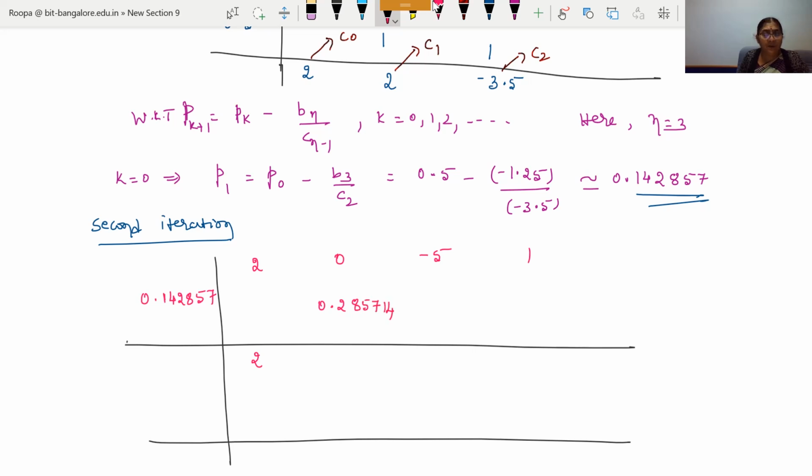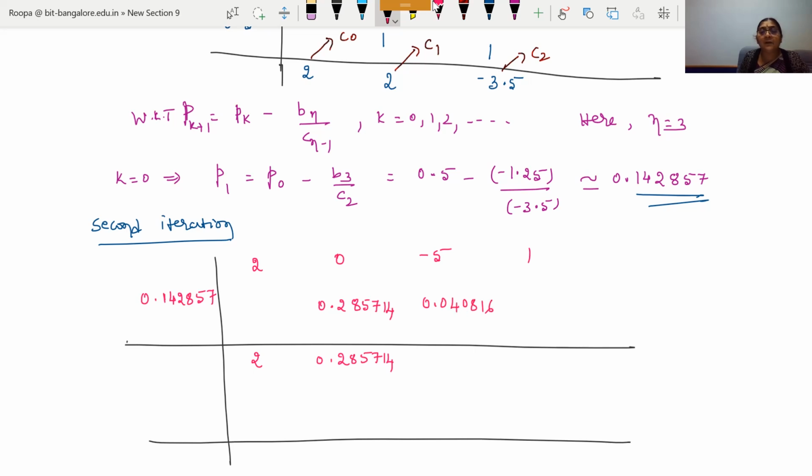Add these two, we get the same value, 0.285714. Again multiplied with 0.142857, we get 0.040816.